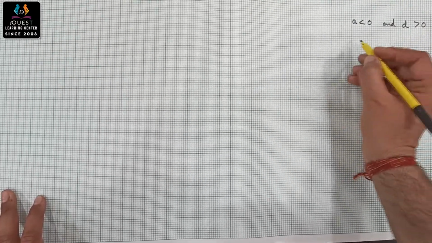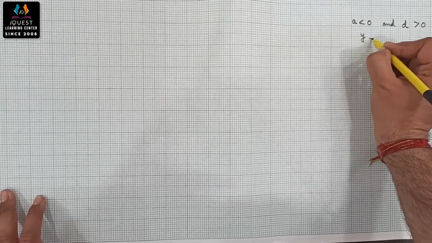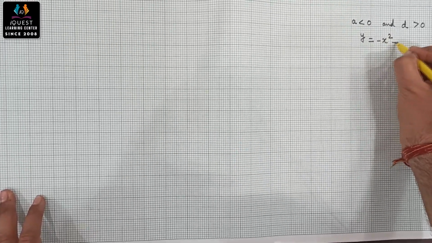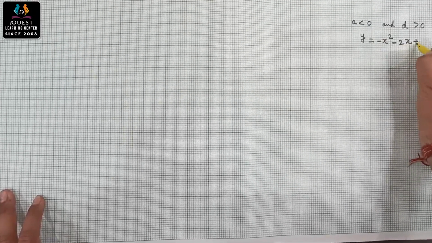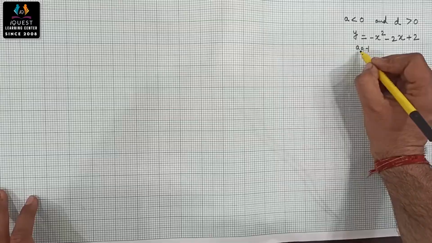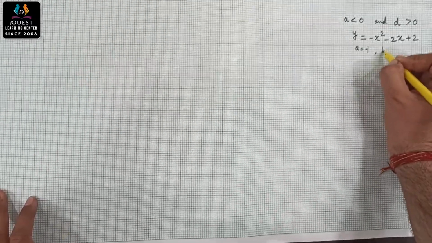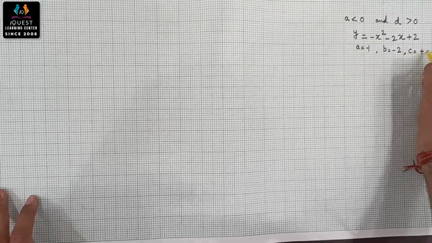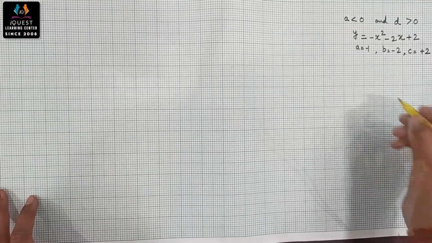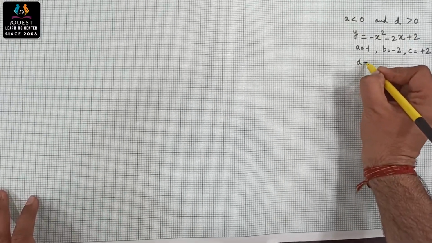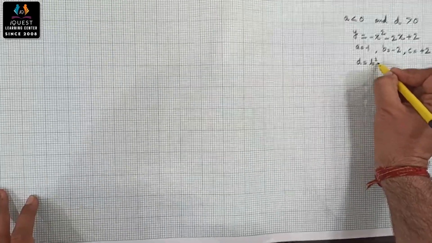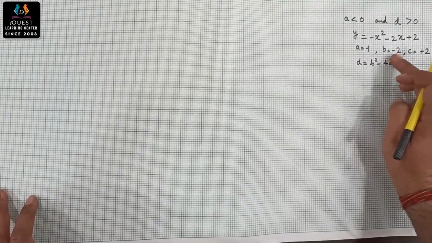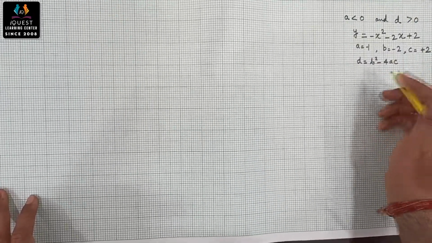To satisfy this condition, we have the equation y is equal to -x square minus 2x plus 2, in which a is equal to -1, b is equal to -2 and c is equal to +2. Now we find the discriminant, where D is equal to b square minus 4ac. Substitute the values of a, b and c in this formula.